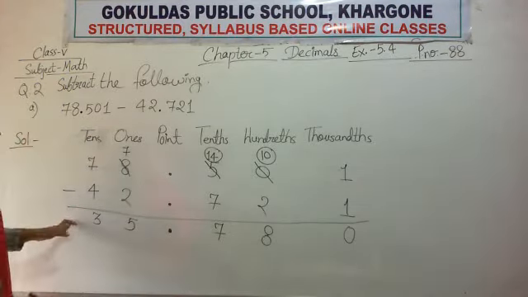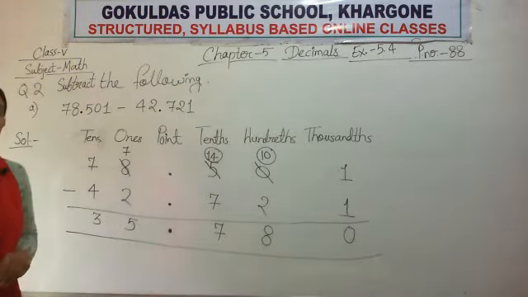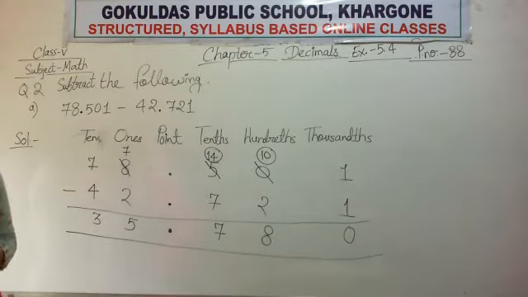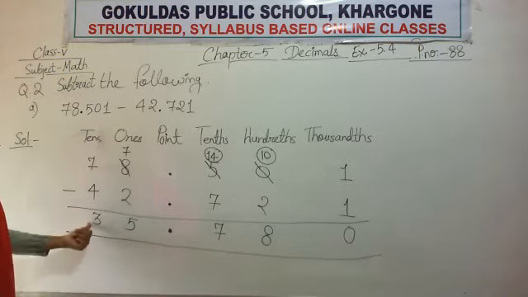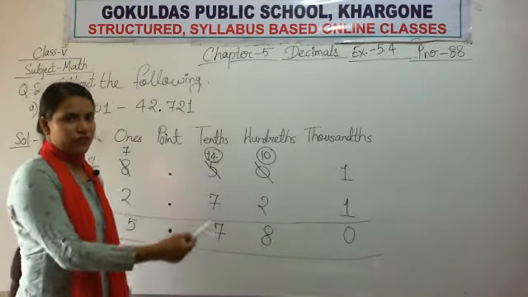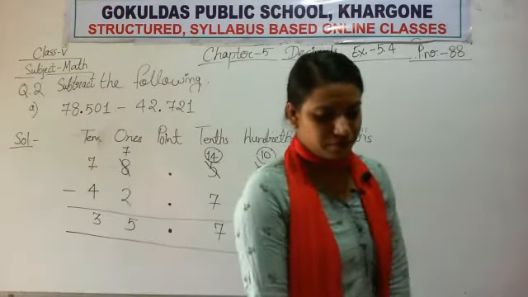So our difference is, do you remember we have discussed the result of subtraction is called difference. Okay. So it is also a result of subtraction. So we can call it difference. Okay. Our difference is 35.780.